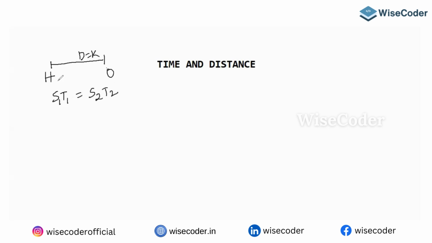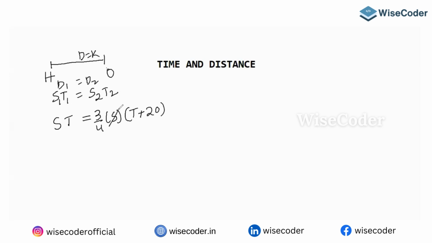So distance in the first case equals distance in the second case. Let me take, initially I am going with speed S, taking time T. Now I am going with 3/4 of his usual speed, and I am taking 20 minutes extra.